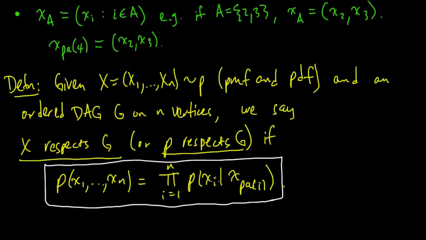This is saying that we're going to put a factor for each vertex in the graph, in other words, for each random variable, and that factor will have the value for that random variable given the values of its parents. So this is exactly what we were doing. Oh, and I should say this is for any values x1 to xn that these random variables could take.